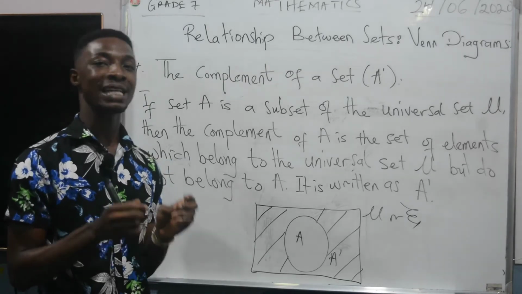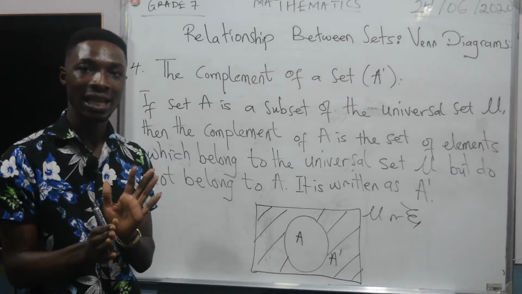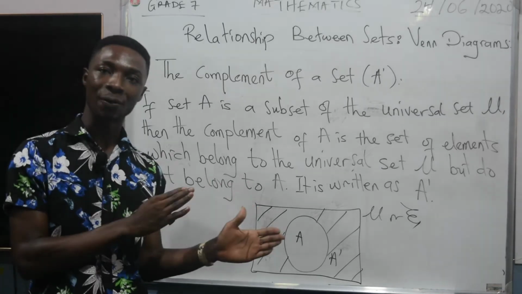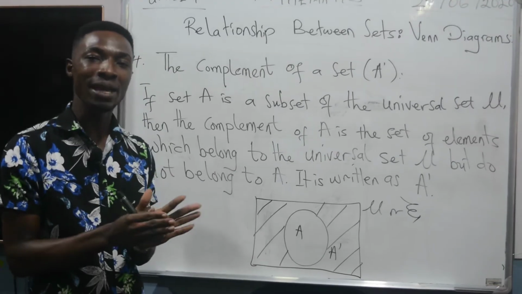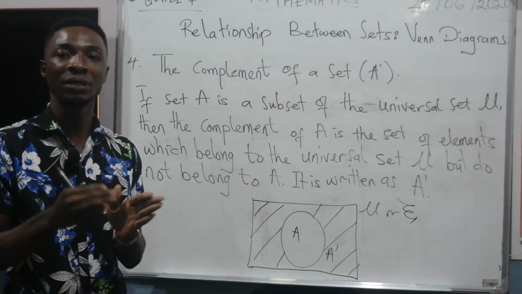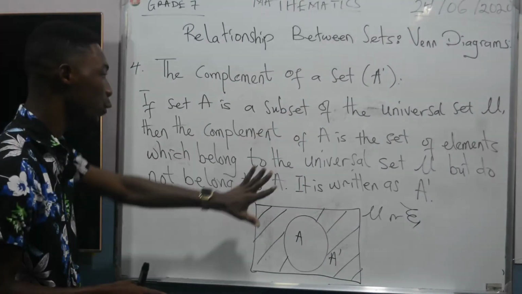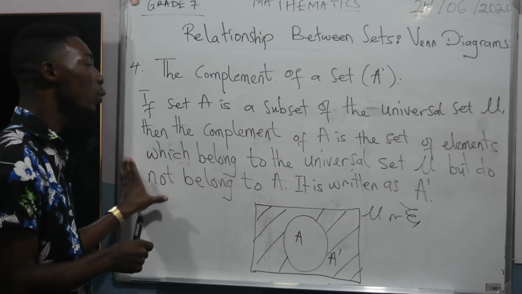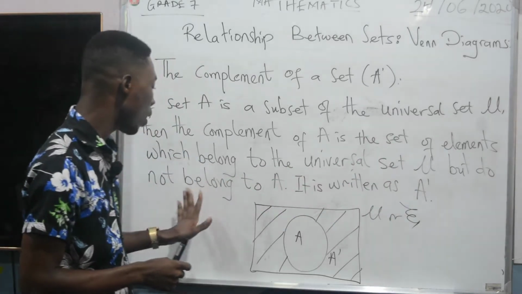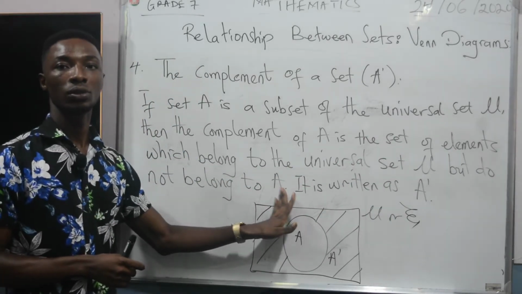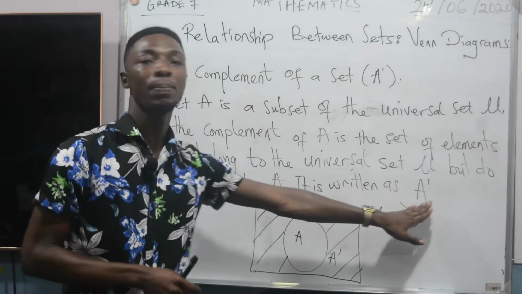So the complement of set A is a set that contains the elements in the universal set that cannot be found in set A. So if set A is a subset of the universal set U, then the complement is going to contain all the elements that belong to the universal set U, but do not belong to A. The complement is written as A prime.